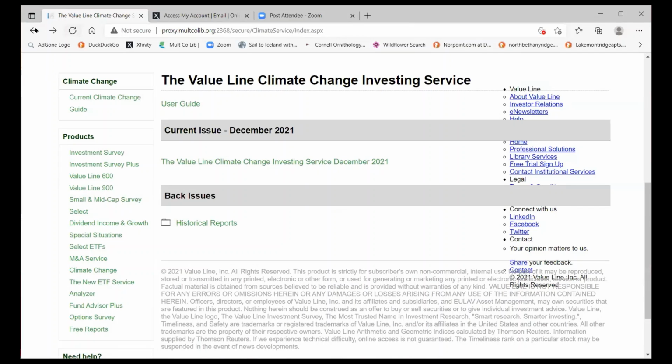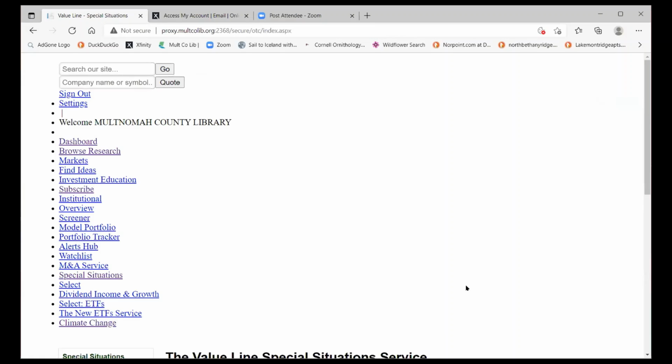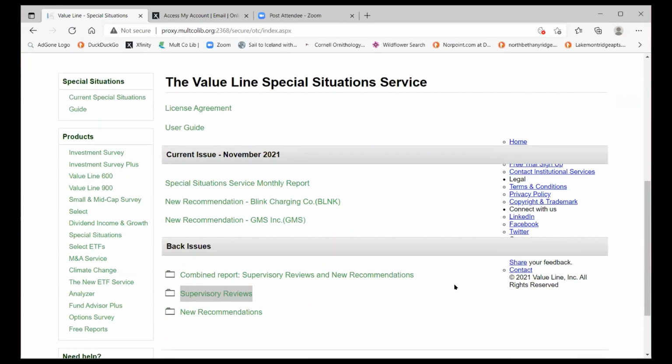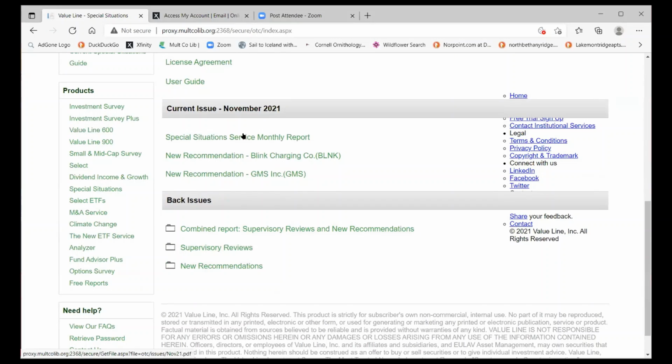Okay. Another one is the special situations. That's kind of novel. I tend to only look at the new changes to see what's going on.